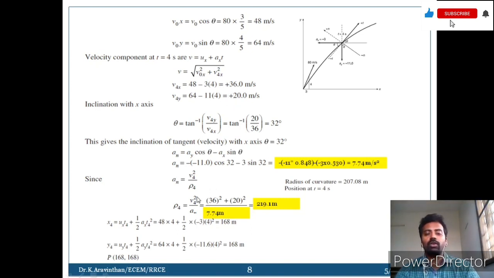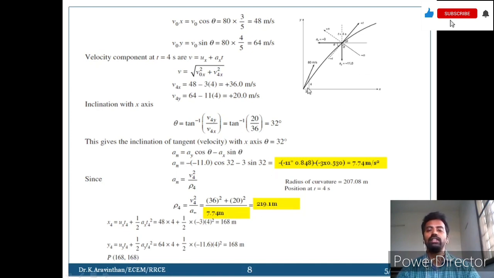If you need v square, you can make 36 square plus 20 square. So v square here is 36 square plus 20 square, divided by an. An here is 7.74. If you substitute this, you will be getting rho, that is the radius. So the radius of curvature here is 219 meter.